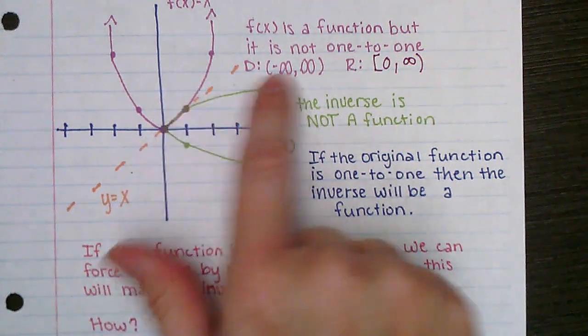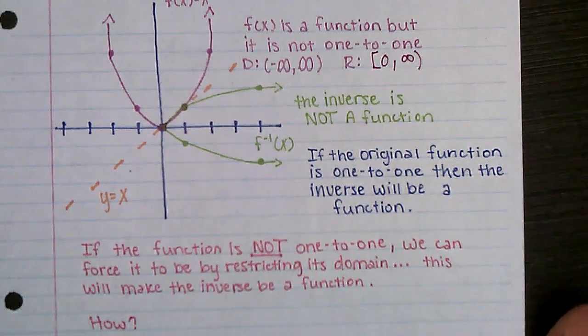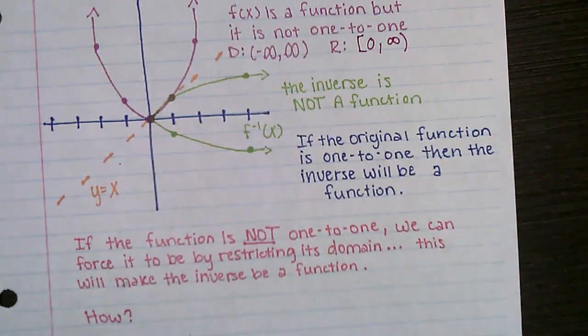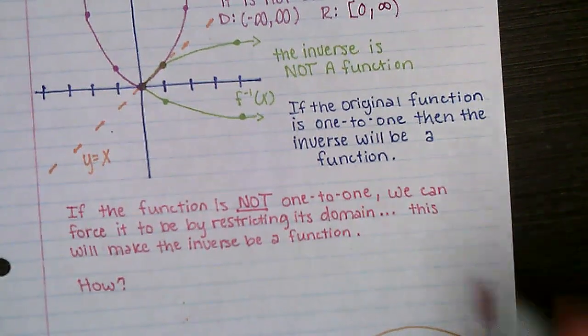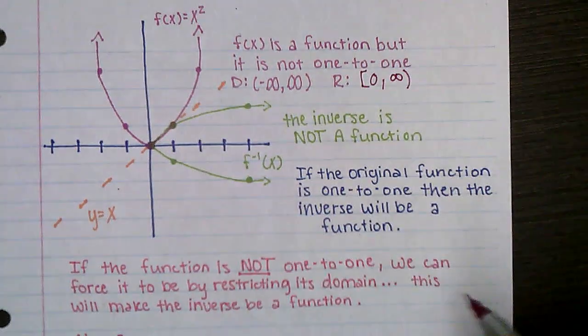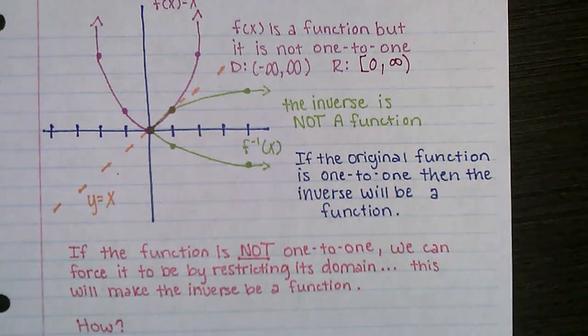But since that inverse is not a function, then what we can do is we can force it to be a function by restricting the original function's domain. So if we restrict the original function's domain, then that will make the inverse be a function.